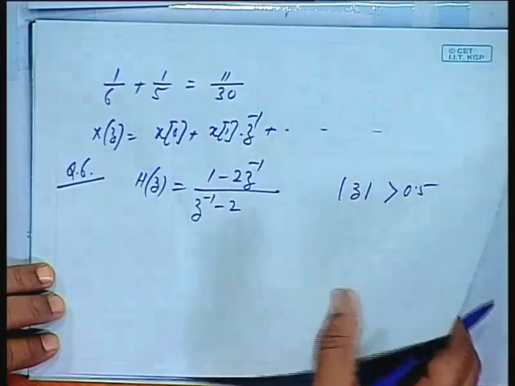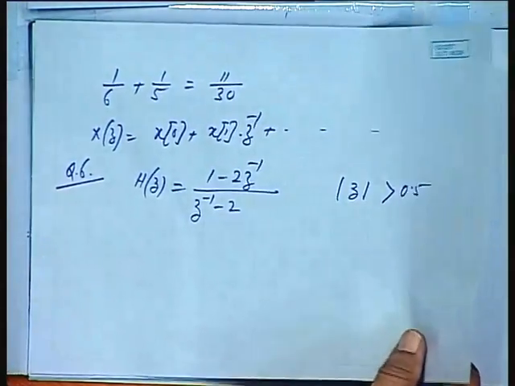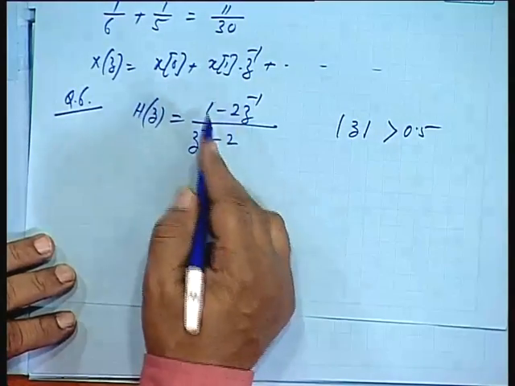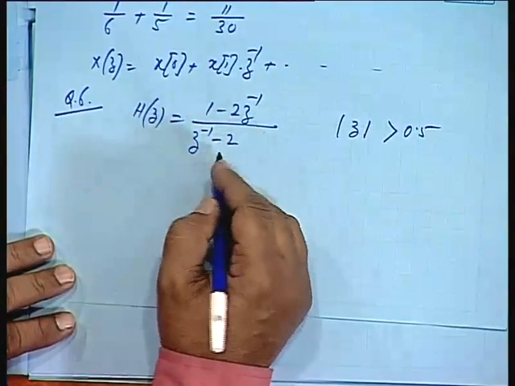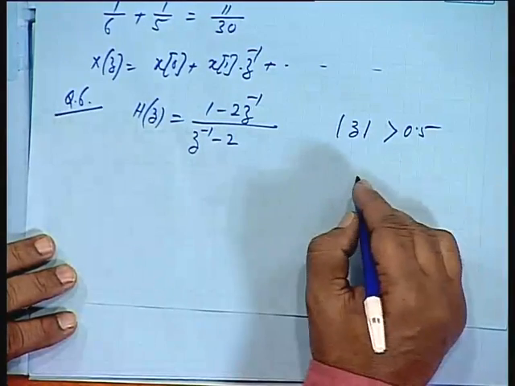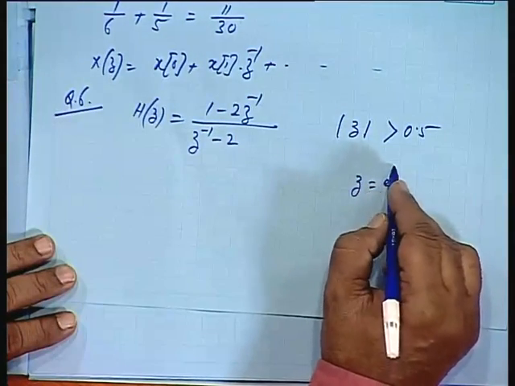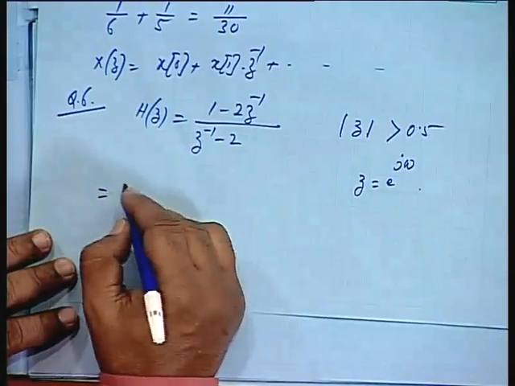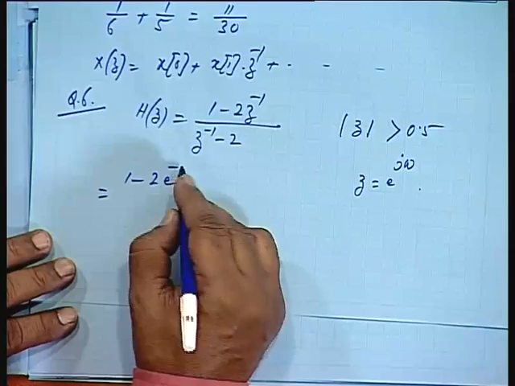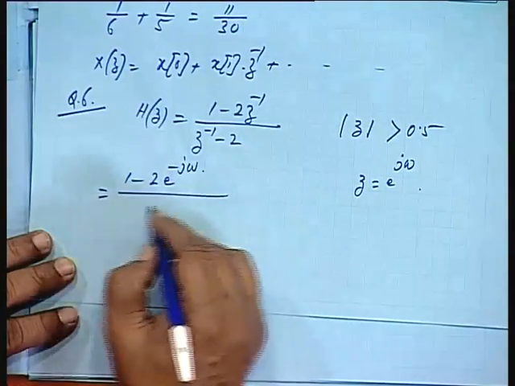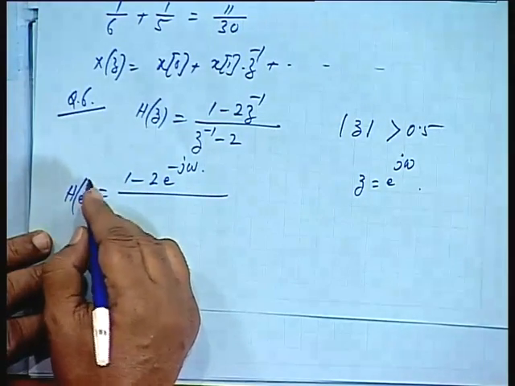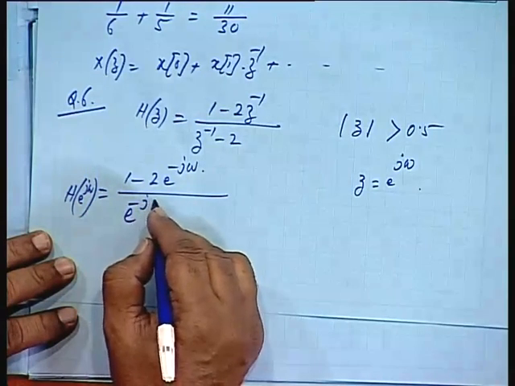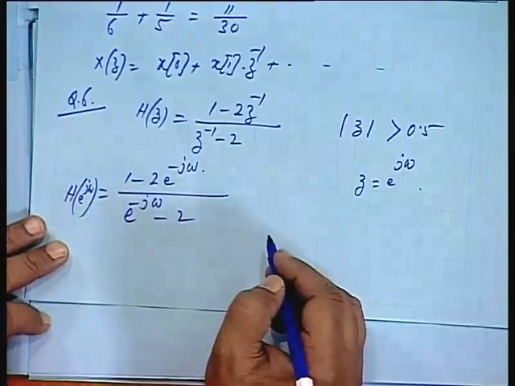So, for this, if I put z equal to e to the power j omega, what do we get in the numerator? 1 minus 2 e to the power minus j omega divided by e to the power minus j omega minus 2.